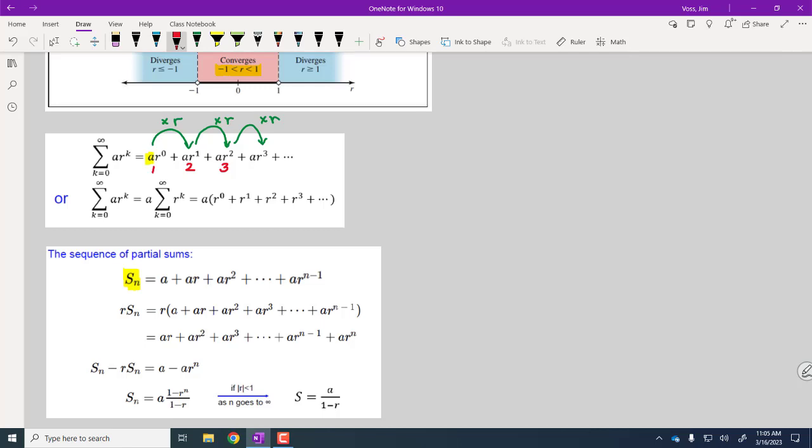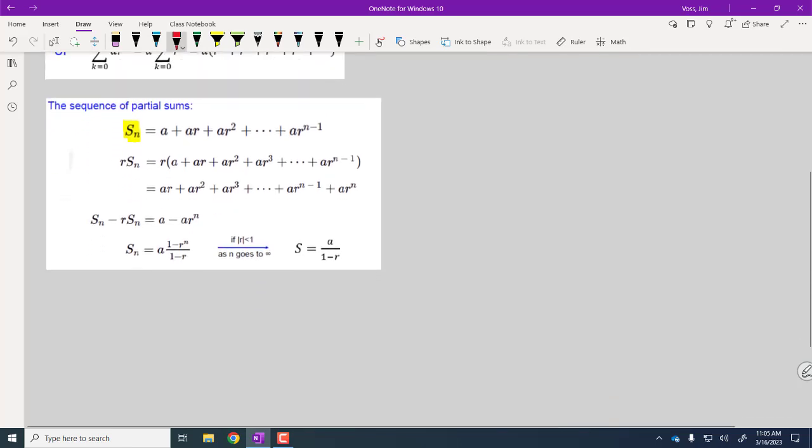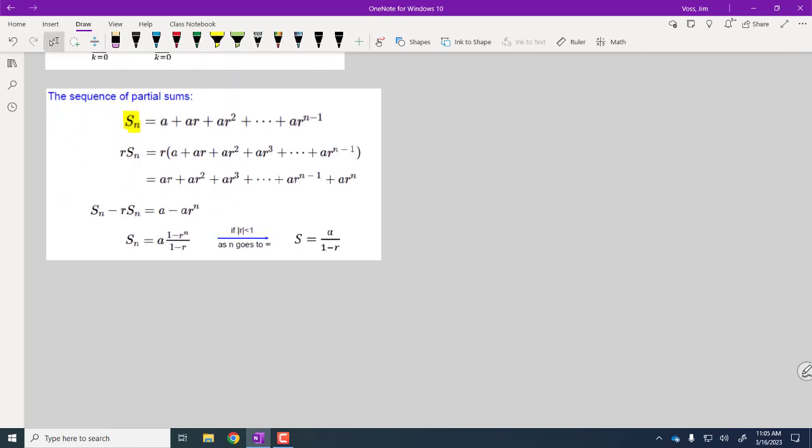We're shifting everything to the left by 1. So if we're counting 1 to n, but we shift it all to the left, it's going to be 0 to n minus 1. That's what this is representing. So S sub n, regardless of your k, is always the sum of the first n terms. Okay? So there we have it. S sub n, we're going to go all the way out like that.